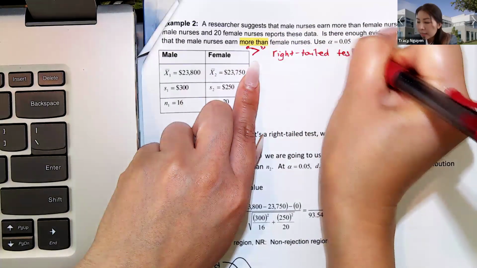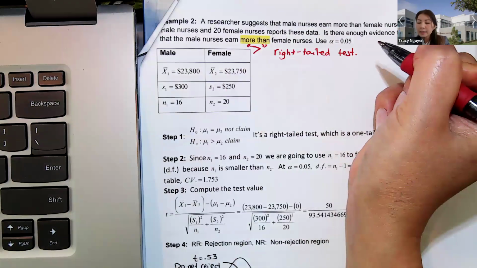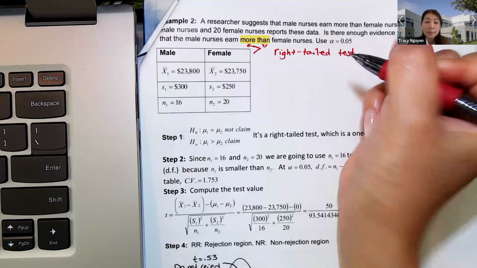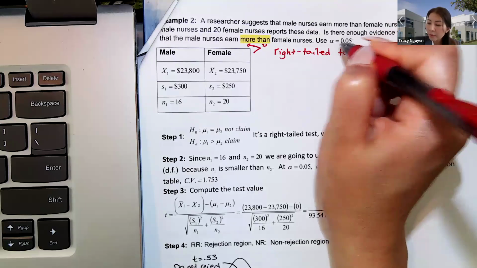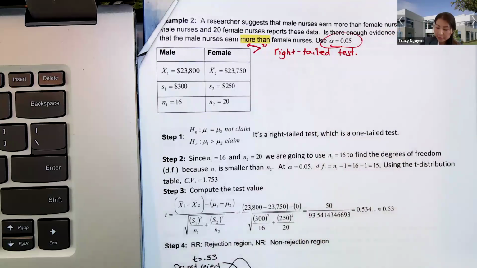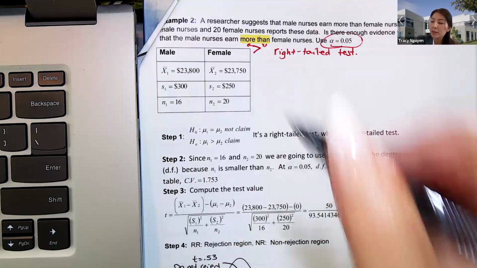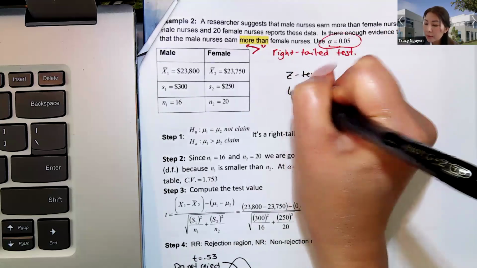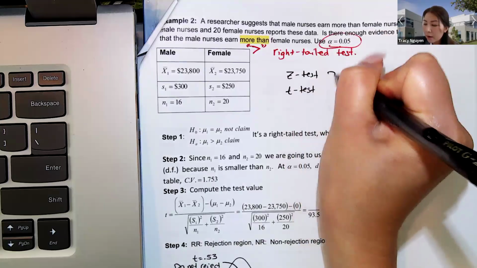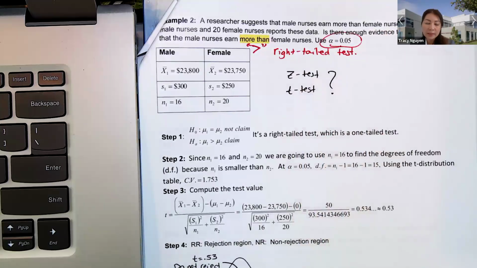The test here is a right tail test, but we still need to determine whether it's a Z test or a T test, and use alpha equal to 0.05. Based on the given information, before we go on to do our hypothesis testing, we need to ask ourselves: are we doing Z or T?